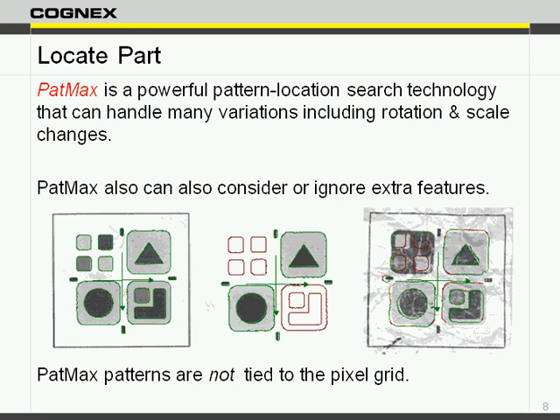All the way on the right, you see that it's changed again from the original. But again, PatMax was smart enough to figure out that that is the same basic shape, and go ahead and use it. What we're looking at there, as you can probably tell from the crinkle, is a candy wrapper. On the right, you can see all of the metallic noise in the background. PatMax doesn't care because it's not looking at the pixels. It's just looking at the broad outline.